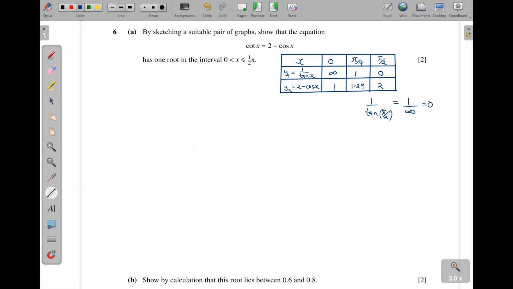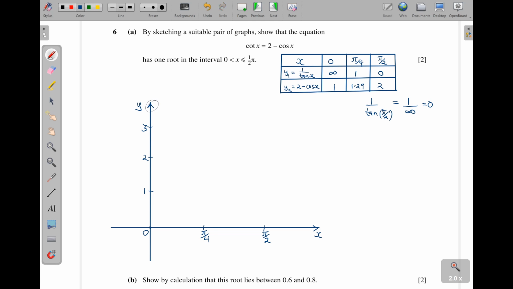Then I'm going to draw these on the same axis here. So those are my axes. Now let's plot this one here for the cot. 0, infinity. So 0 is here on the x, then infinity is here on the y, somewhere there, we don't know. That means this curve here is an asymptote.